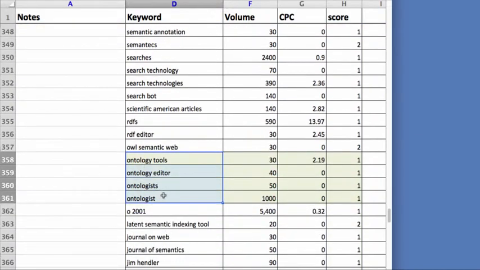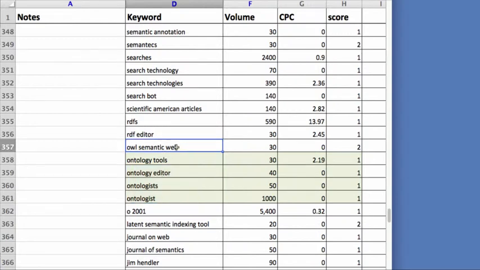Also notice ontology appears, only once, but you have to wonder whether, if you look at them together, they have decent volume, and just because they're on the edge of not being too related, they get ones, but there's a lot of ways of saying them. So maybe it would have appeared more if there was only one way to say it.